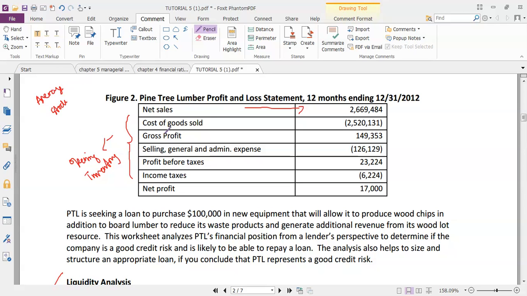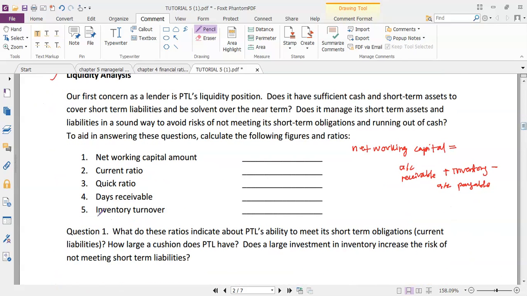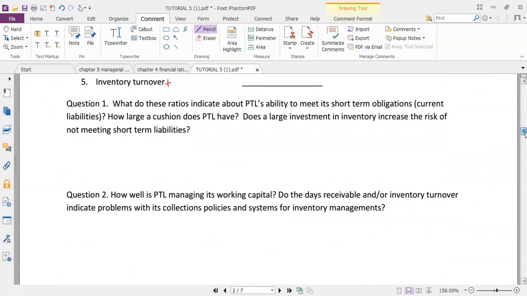Opening plus closing inventory divided by 2, that is the average inventory. Never mind, we just ignore the days inventory turnover, because this question did not mention the opening inventory.